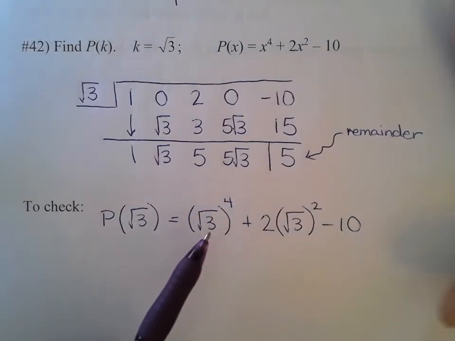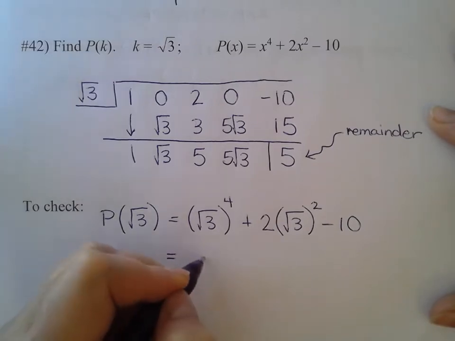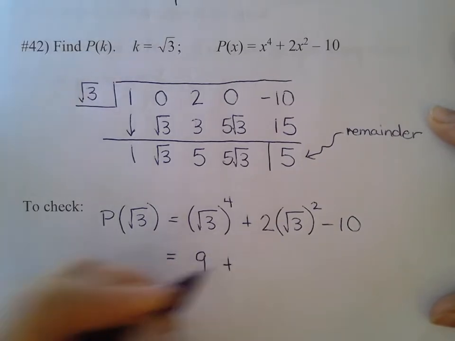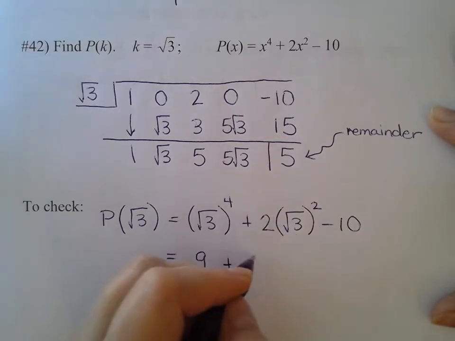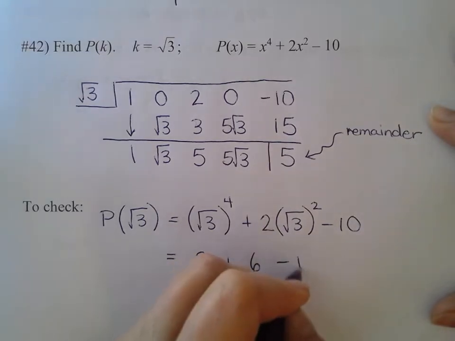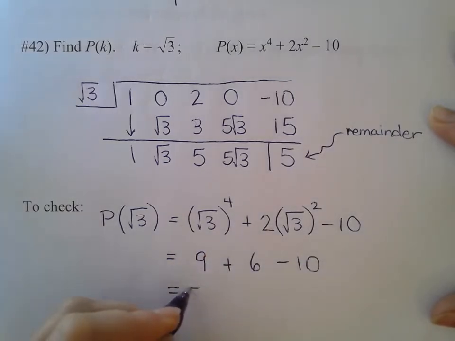Okay, the square root of 3 raised to the 4th power is like 3 times 3, or 3 squared, so that's 9. This is going to be like 2 times 3, so that's 6, minus 10. So this is 15 minus 10, which is 5. And it works.